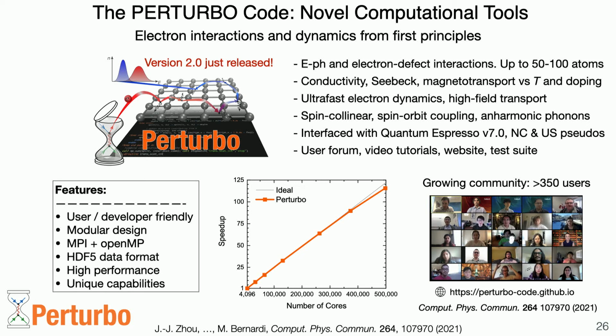So Perturbo allows you to compute electron-phonon and electron defect interactions. You can use it to compute transport properties like the conductivity, Seebeck, magnetotransport, or transport in high fields. These calculations now can be done on magnetic materials, systems with strong spin-orbit coupling, or anharmonic phonons.